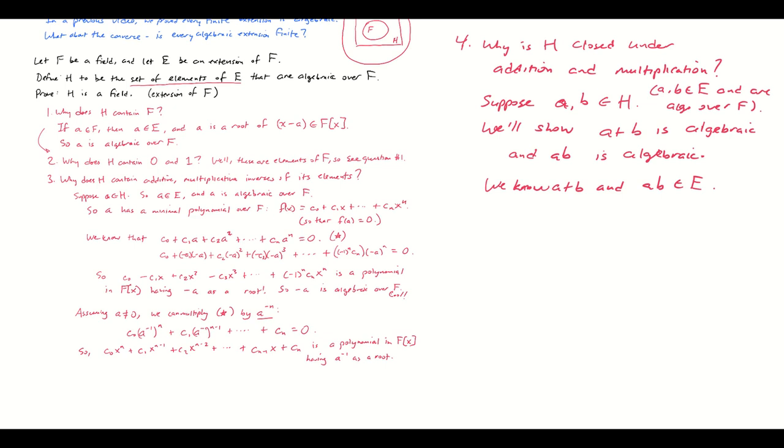All right, so the way that we're going to do that is we're going to restrict our attention for just a little bit. All right, so consider the field F adjoin a.